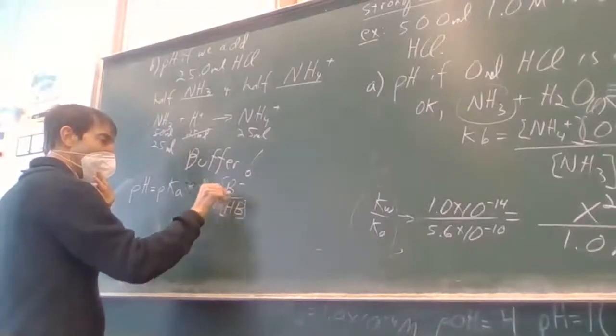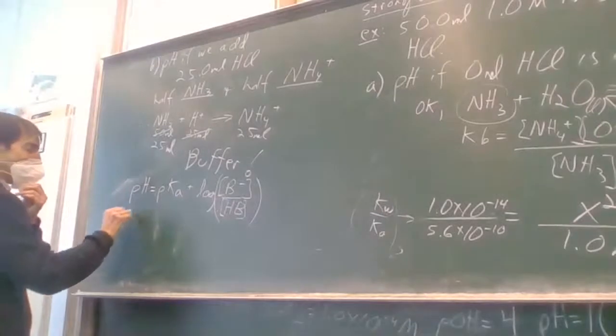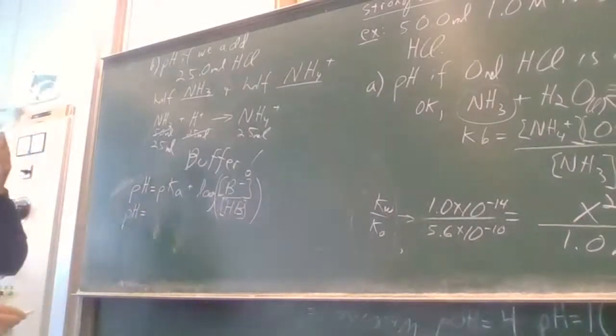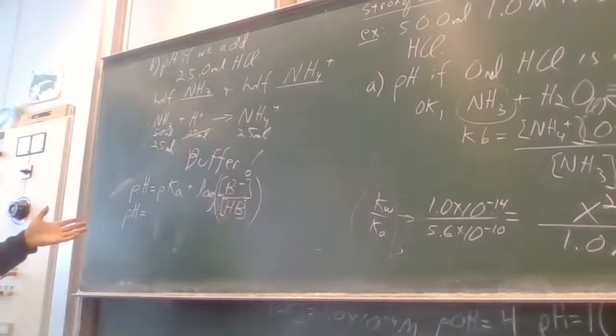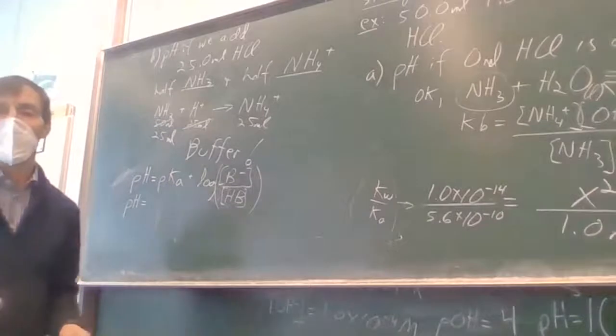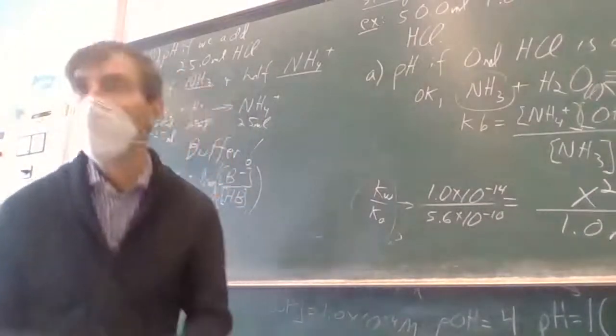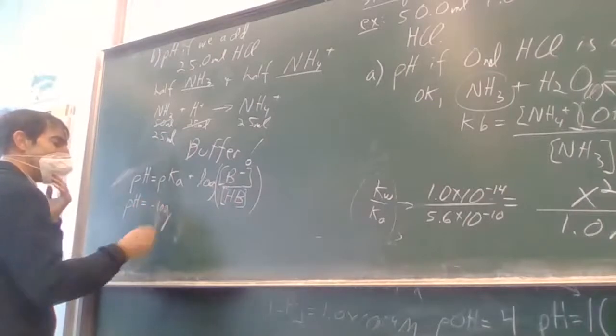Super. Good. All right, so let's do it. Here we go. So the pH is the pKa. Do I have the pKa somewhere from this? No, but I've got the Ka somewhere. Look on the board. Oh, yeah. There you go. So can I take the negative log of that in the problem?